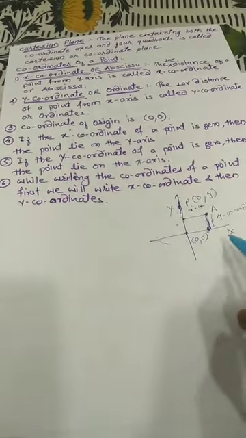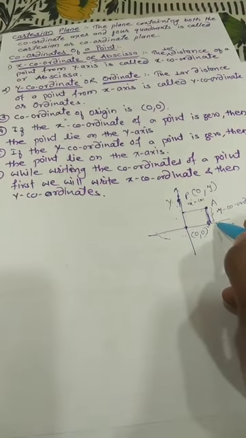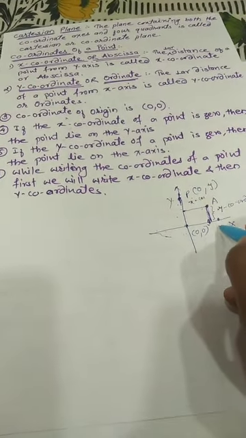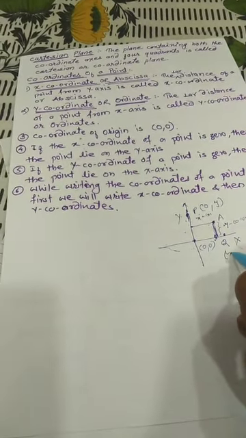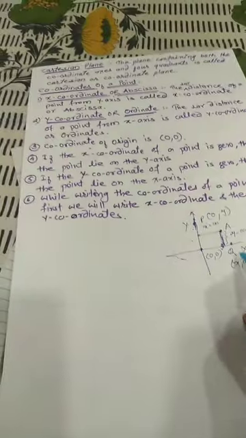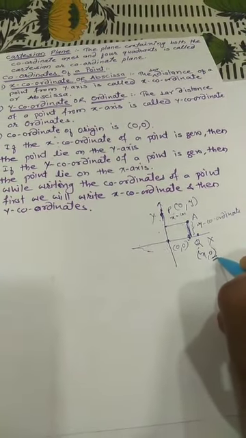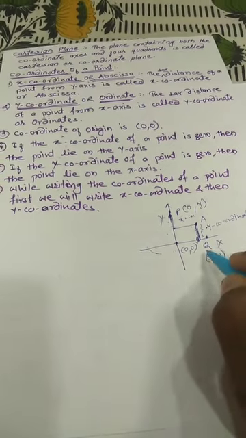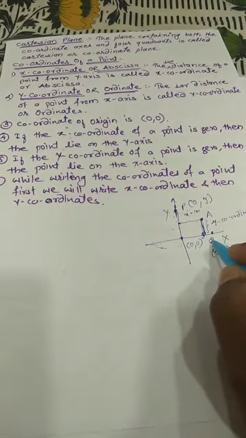Next, if the y coordinate becomes 0, for example Q (x, 0), then the point lies on the x-axis.